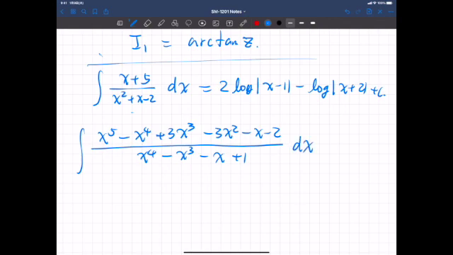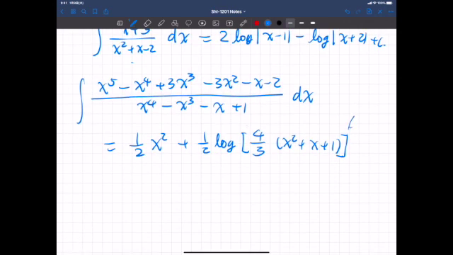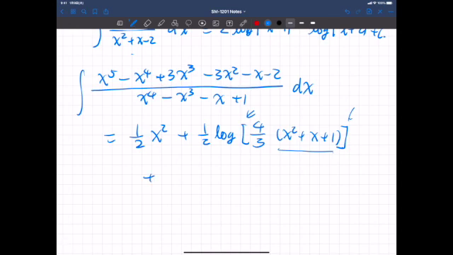So this integral should be this: 1/2 x squared and log of, actually this is 4 over 3 times (x squared plus x plus 1). You know, we don't put a modulus sign here because we know that this is always non-negative. Because the discriminant was negative, right? And the rest is arctangent.